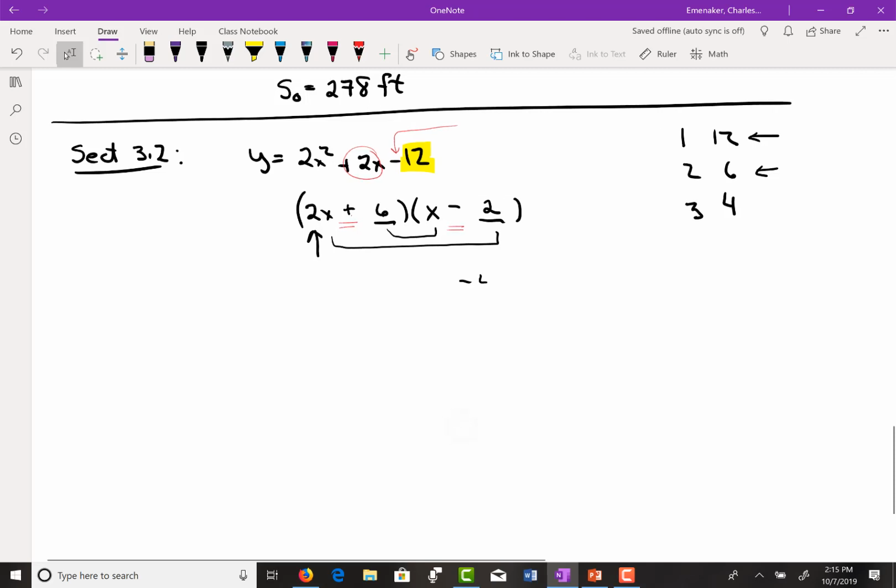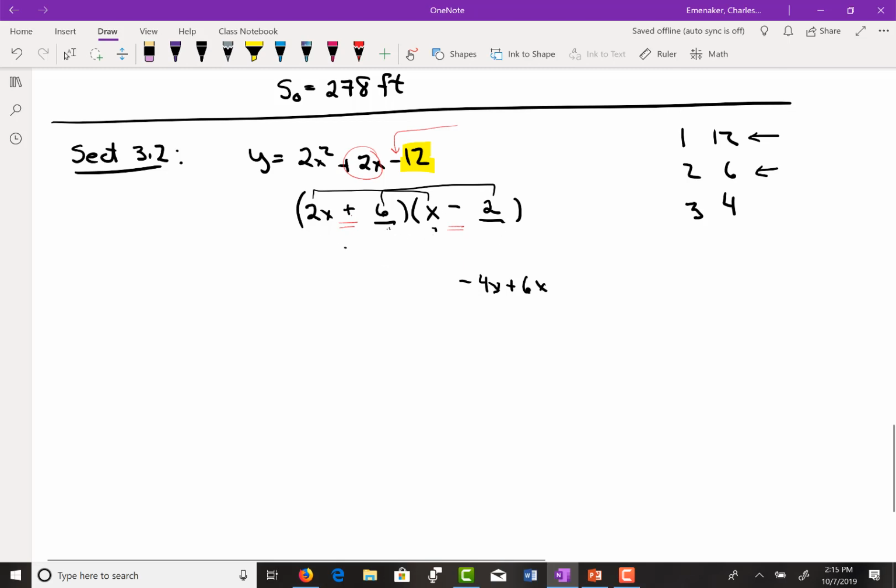Does that give us 2x? It looks like it might work. So we could try multiplying this back out. The firsts are going to give us our 2x squared. The outers are going to give us a minus 4x. The inners are going to give us plus 6x. Minus 4x plus 6x, that's 2x. And the last is going to give us minus 12. All right, so it looks like that factors.